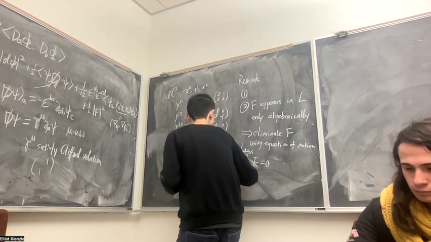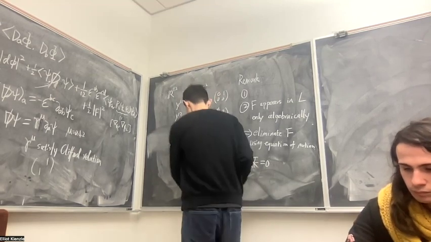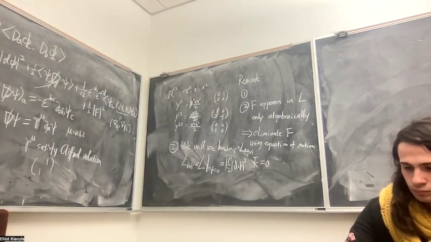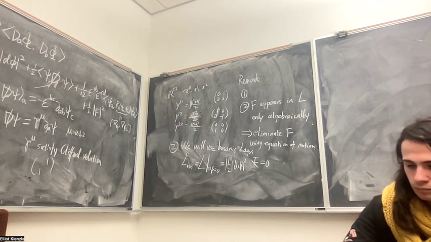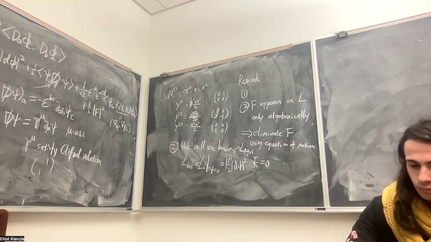It's 1/2 D squared. So the bosonic Lagrangian is what we will use when we analyze the moduli of vacua. And next time we will see more interesting structures in the moduli of vacua.